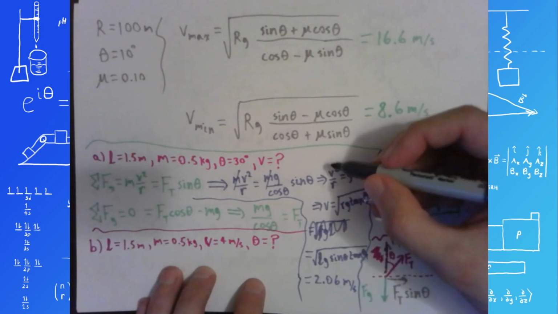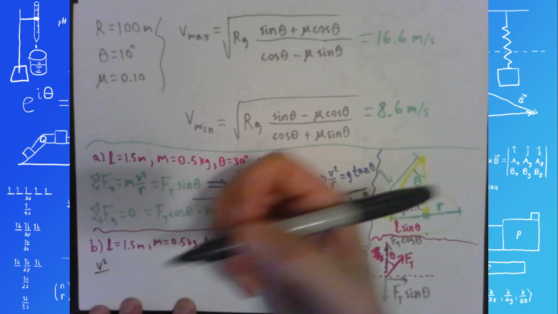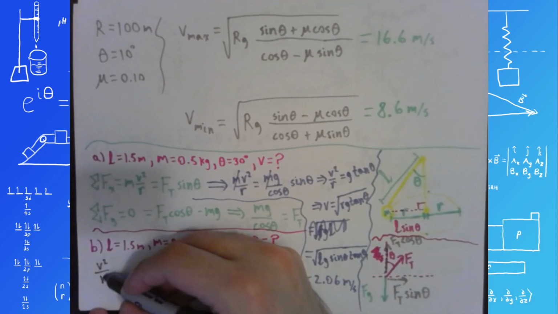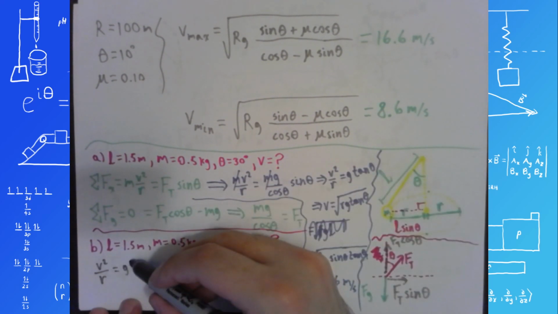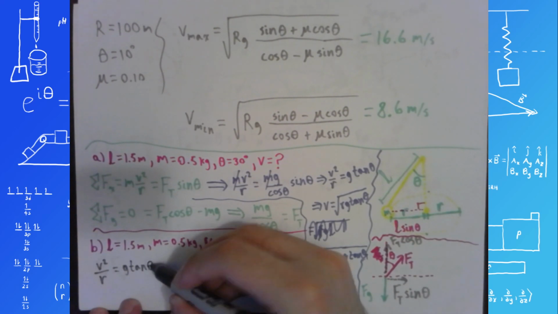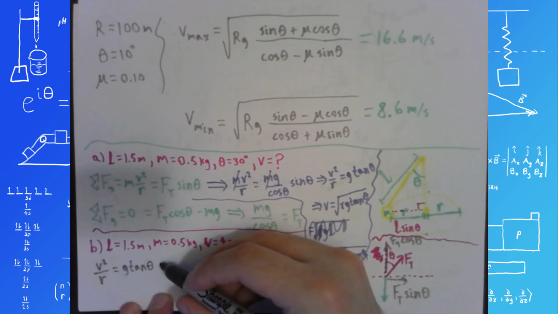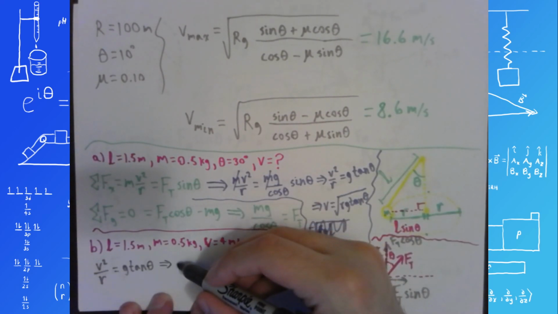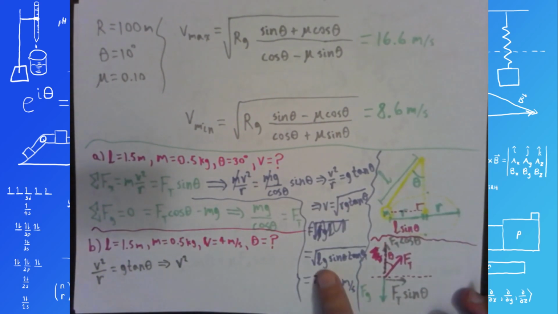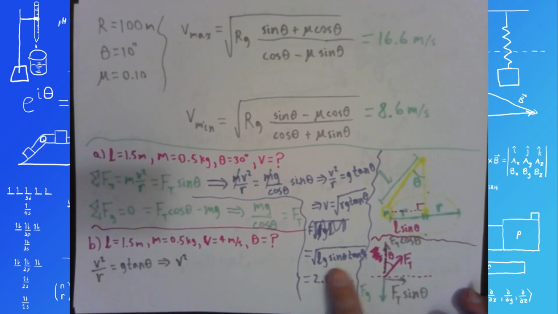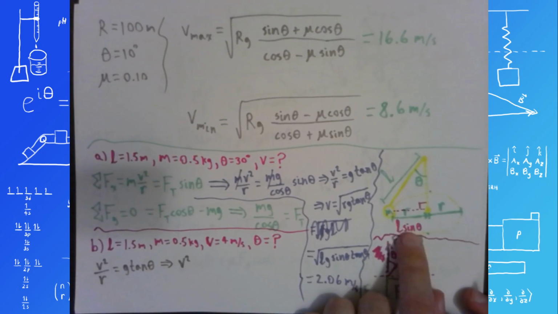So I can start from this and do v squared over r equals g tan theta, rewrite this, multiply the r over, and this becomes v squared equals r times g times tan theta, or, as we wrote it earlier, L times g times sine theta times tan theta, because r gets replaced with L sine theta.